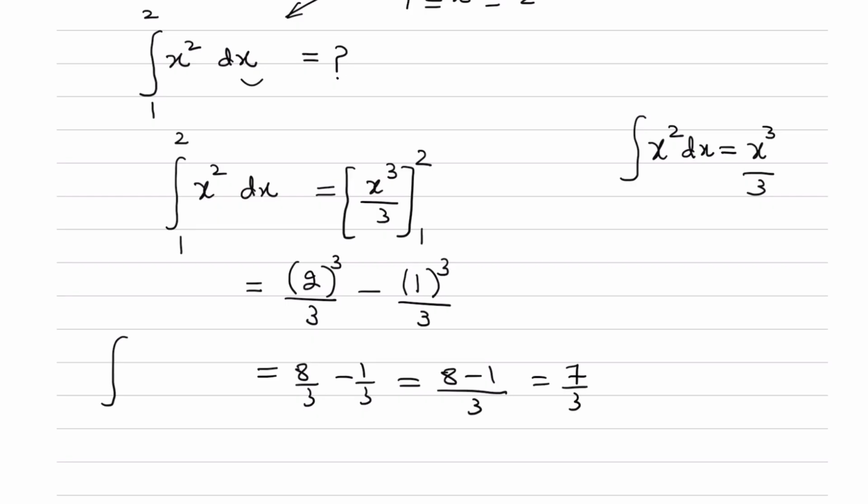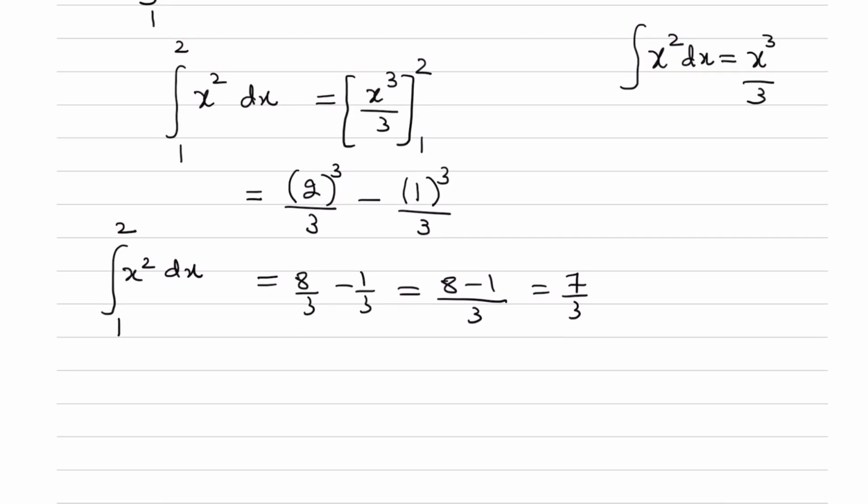So this is the answer for the integral x square dx from 1 to 2. Just know that when you plug in the limits of integration, your answer is going to be some constant number. So this is how we solve definite integral. Definite integral is just the integral with the lower limit and the upper limit. And after you solve an integral, you will just put in the limits.